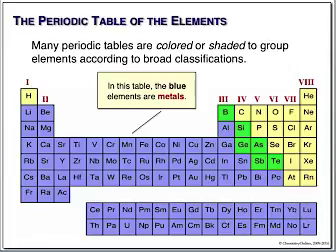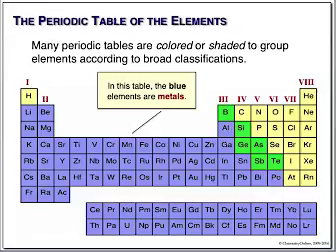All right, my periodic tables are colored. Yours is not. The reason that they're colored is to differentiate between classes of elements. Now, the periodic table that you will get on exams will look like these over here. That will not be colored.